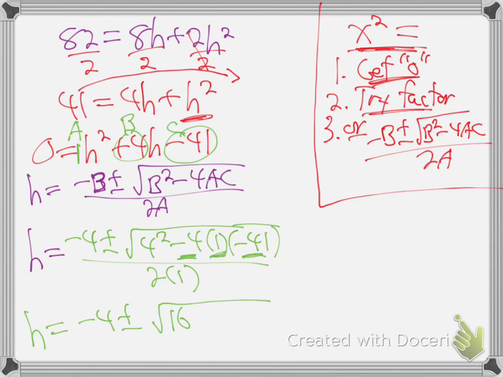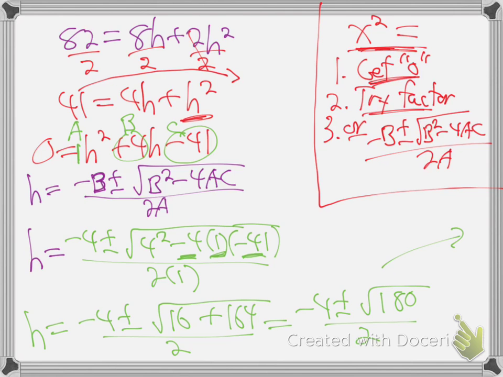Negative, positive, negative is going to be positive 164, all over 2. That's negative 4 plus or minus the square root of 180 all over 2. I'm going to need to go to a fresh screen here. H is negative 4 plus or minus the square root of 180 all over 2.